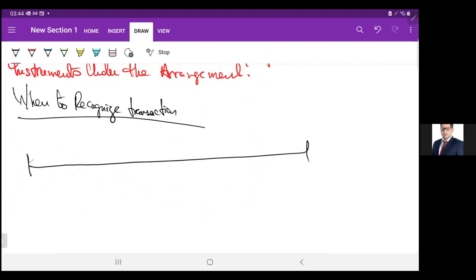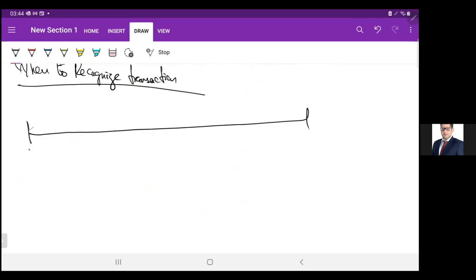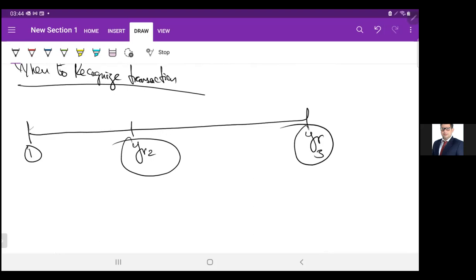For example, here it is year one, year two, and year three. Year one is where you determine the fair value at grant date.